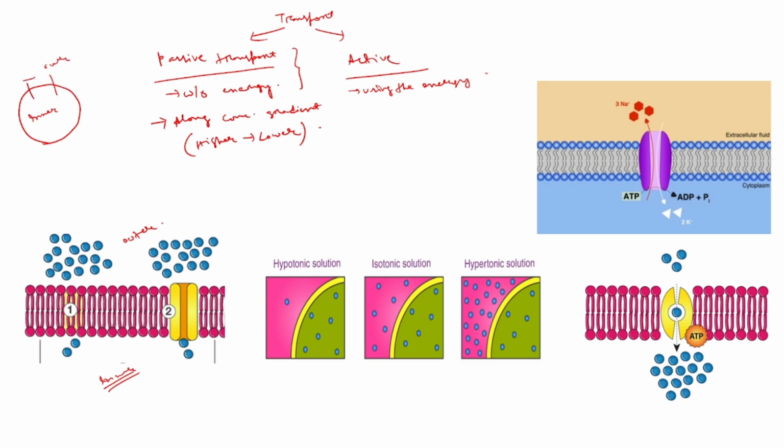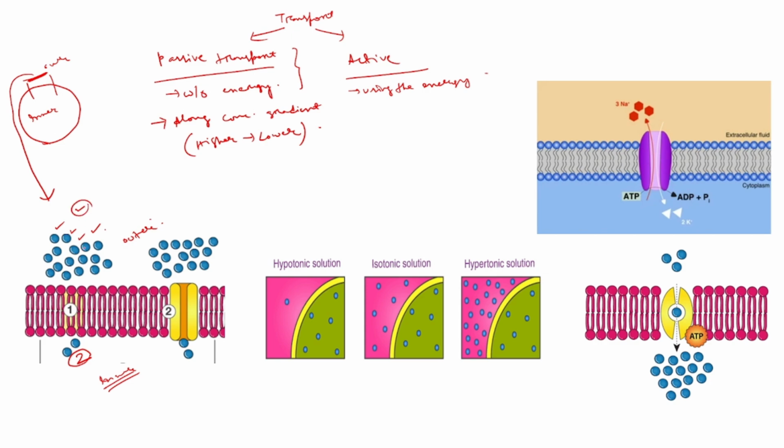Let us say this structure, if it is zoomed, it looks like this. That means it is the outer layer, it is the inner layer. Look at this molecule. This molecule is present in higher concentration at the outer side and lower concentration at the inner side. Here two molecules are present inside, and 1, 2, 3, 4, 5, 6, more than 2 molecules are present at the outer side.